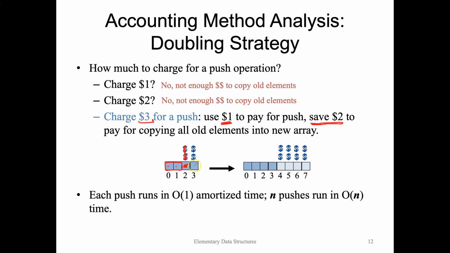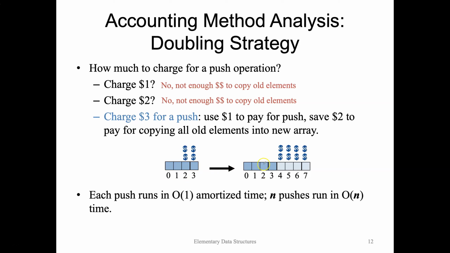And then when we push the next item, again, we pay $3, the computer uses $1 in order to actually place it here, and then it can save $2 extra. Now, this money here will pay for, now that we've filled this array, the second half of our array each element has $2, so these $4 will pay for copying all 4 of these items, just the first 4 items, into our new array.